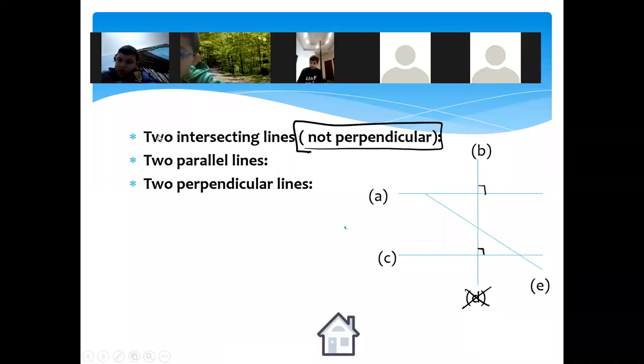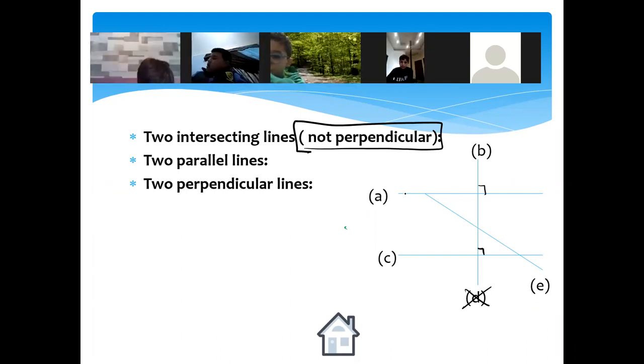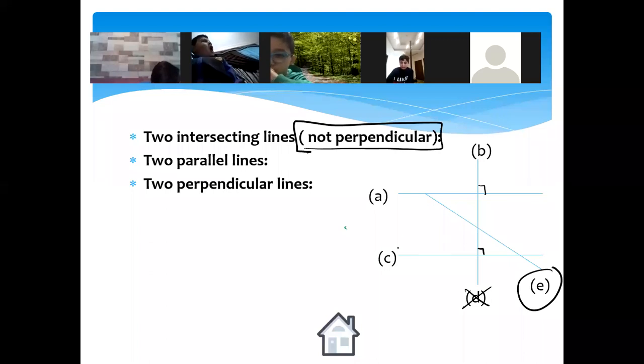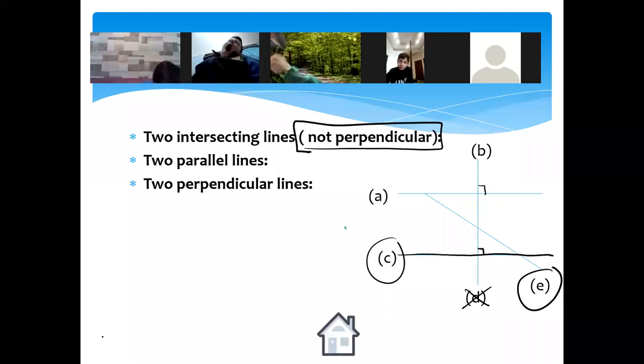Name two lines that are intersecting and not perpendicular. C and E. This is the line C. Where's the line E?